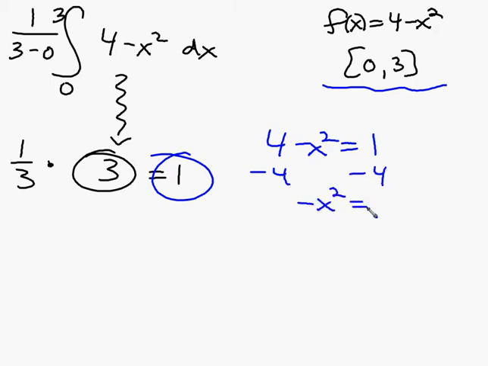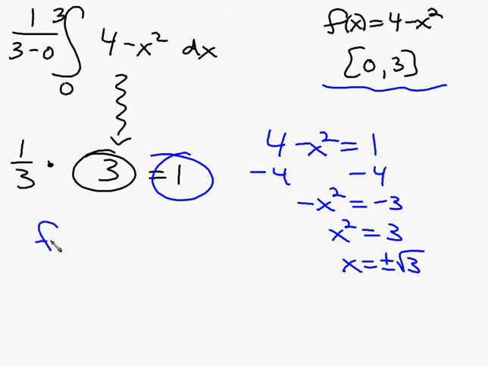Negative x squared equals negative 3, so x squared equals 3, so x equals plus or minus the square root of 3. The square root of 3 is in between 0 and 3, so we have verified there is one place.